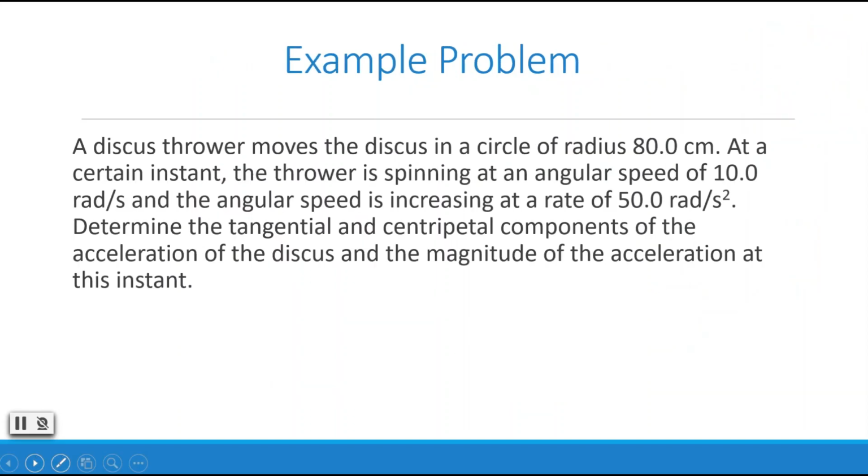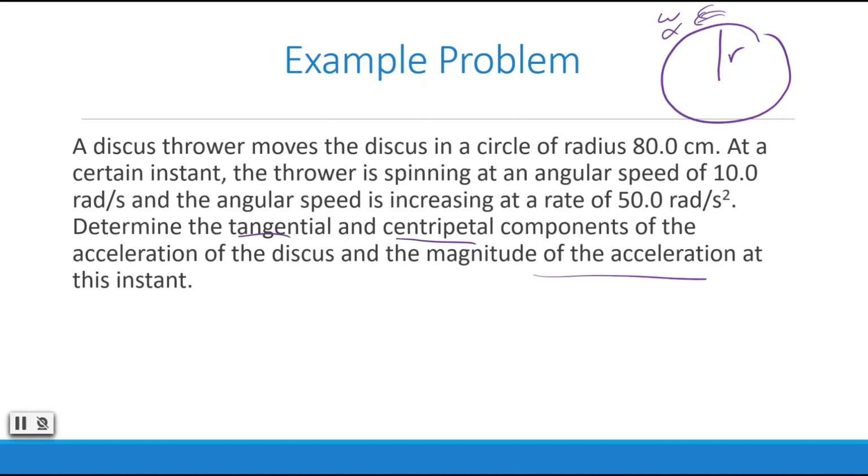So let's take a look at one example. We have a discus thrower moving the discus in a circle with a radius of 80 centimeters. At some instant, we have an angular velocity, and the speed is increasing, so we have an angular acceleration in the same direction. We want to find the tangential and centripetal components of the acceleration and the magnitude of the acceleration.